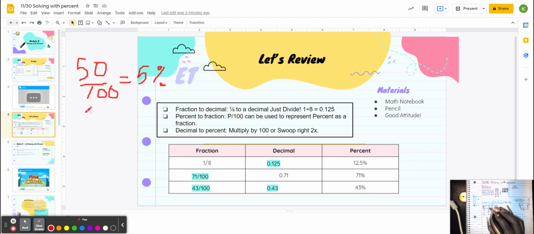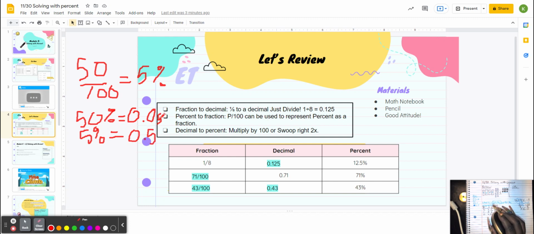Or if I asked you, how could I write 50% as a decimal? Some people were literally going here, they say 0.05. Or if I say that I have 5%, they will literally say that this is 0.5.